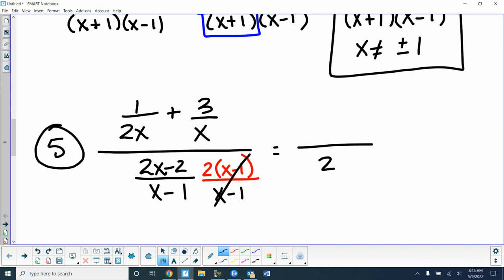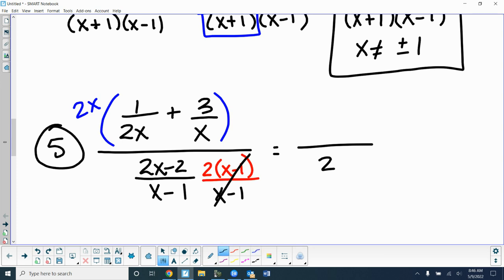Now, looking at the numerator, what's the common denominator? What shows up? 2 and x, right? I don't have to write the second x because I already wrote the first x, right? So I'm going to multiply everything by 2x here. Okay?